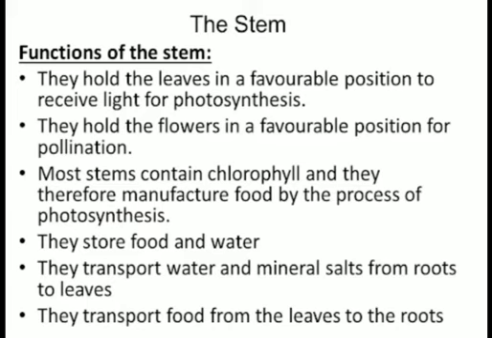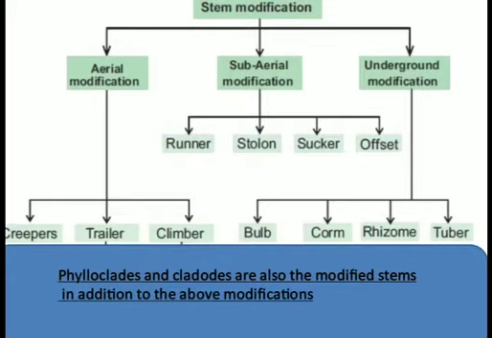That is, if the stem is green, it contains chloroplast, and thus it can also do the process of photosynthesis. The stem stores food and water. It transports water and mineral salts from roots to leaves and different parts of the plant. It transports food from leaves to the root. So these are some of the functions which are performed by the stem.